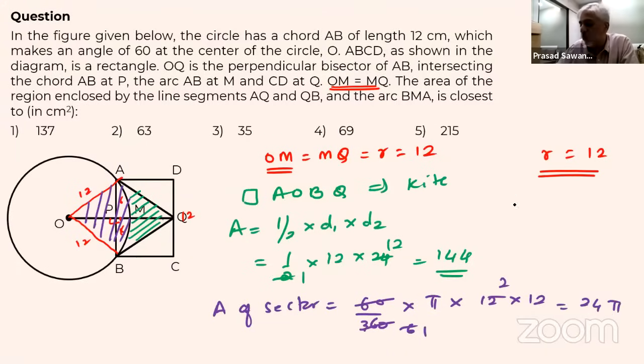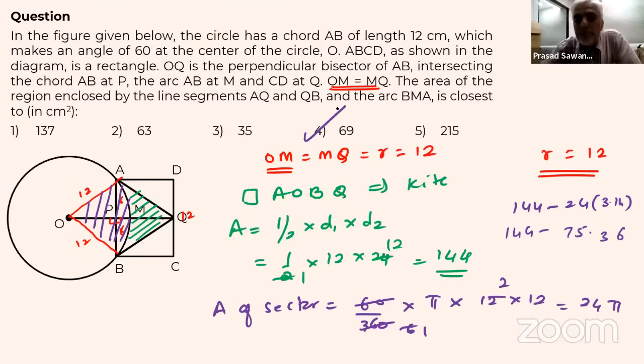So your final answer is 144 minus 24 into 3.14. Let's do that approximately. 24 into 4 is 96, 9 carry, 24 plus 9, 33, 3 carry, 75 point something. 144 minus 75 is, I think, 69 point. So 68 point something. Answer is 69, which is the fourth option. That's the best way to look at this question, or the fastest way to look at this question.